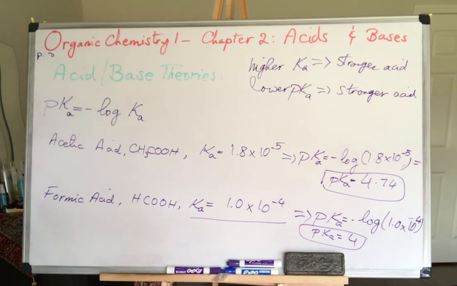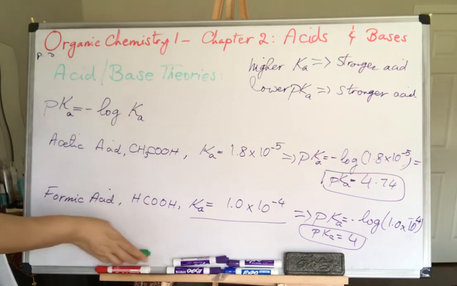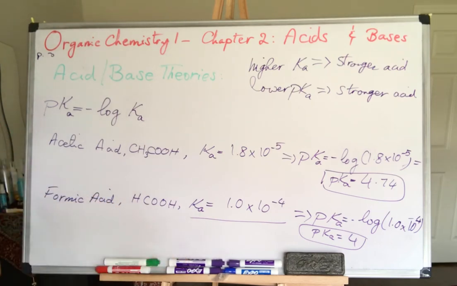I want you to go over them again, because for the rest of this study guide, we are going to talk about organic acids and bases, and we will go over the Lewis theory. So make sure you have worked on this part, because the rest of this study guide depends on this.